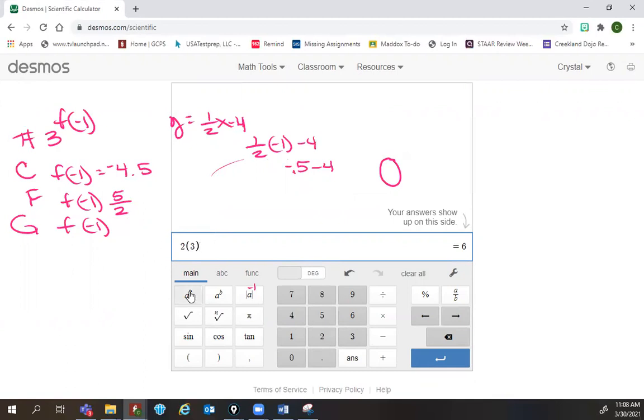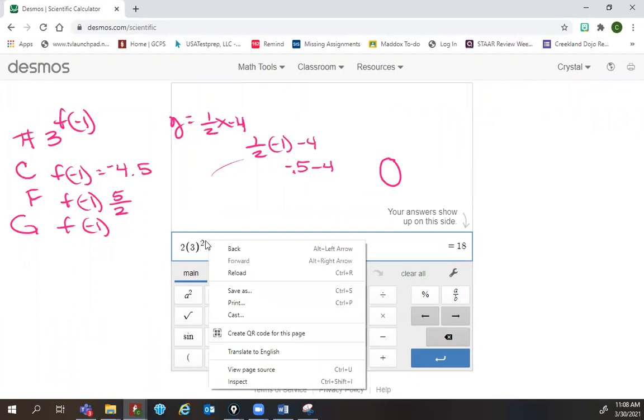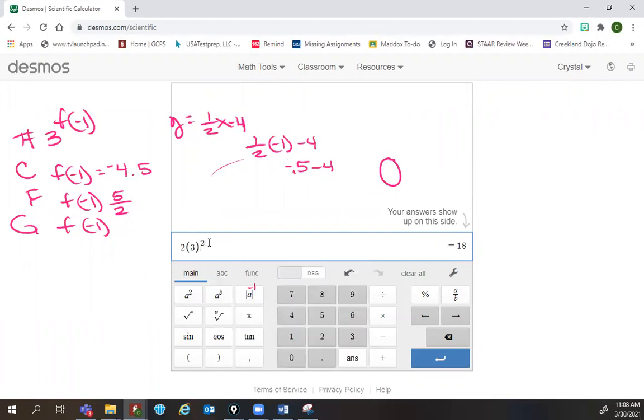And then what was the exponent? -1 and then -2. Do you see how that gives you a weird answer? So -1.3. But you have to know how to put it in Desmos. That is the proper way to put it in there, yes.